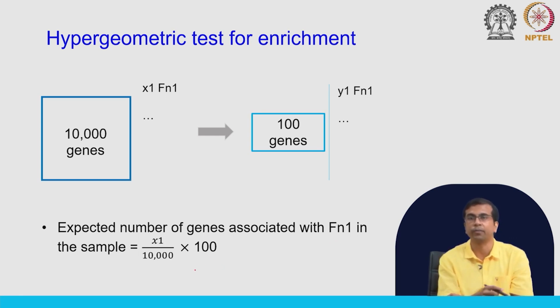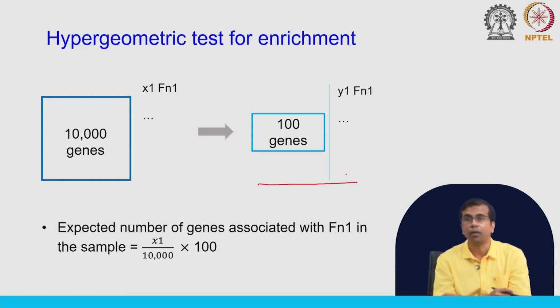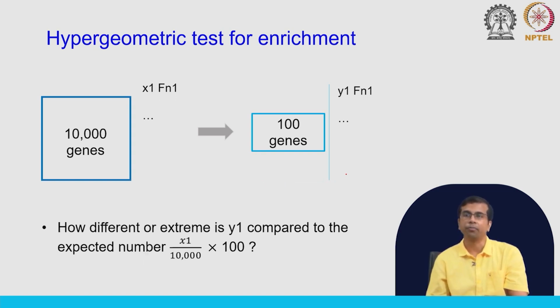This many genes we expect in this sample to belong to functional class 1. Based on this expectation, we want to compare this y1 with it, and ask how different or extreme y1 is compared to this expected number, x1 divided by 10,000 into 100. So, this is the statistical test that we want to do.